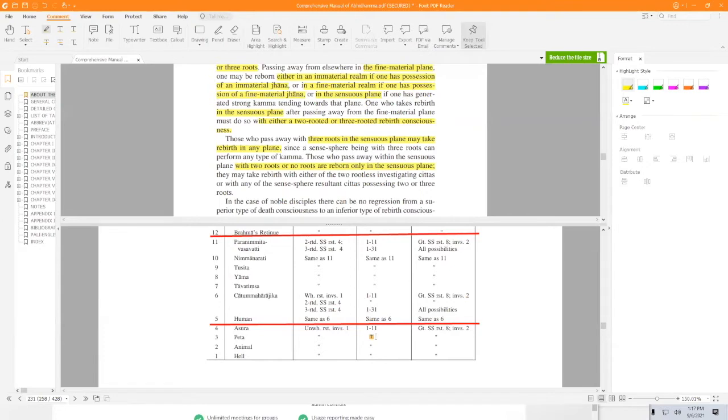I guess they could have some reserve of wholesome karma from an earlier life, and through that earlier good karma, they could rise even from a hell to take rebirth in a heavenly realm. So those who pass away with 2 roots and no roots are born only in the sensual plane. So from the bad destinations, one can go to any place among the sense sphere realms of existence.